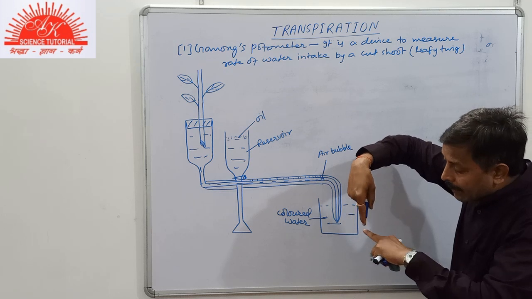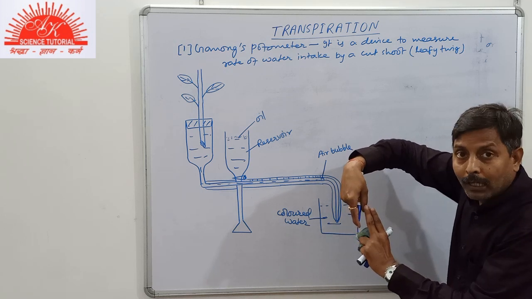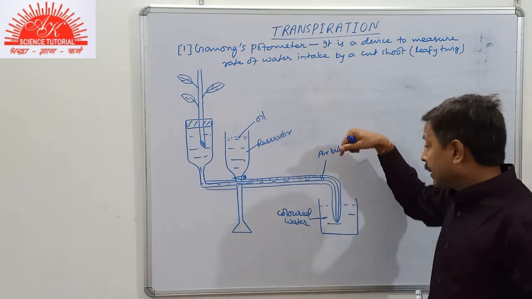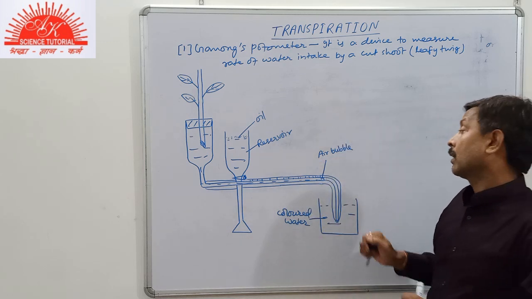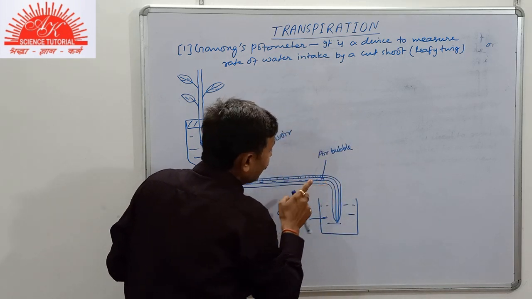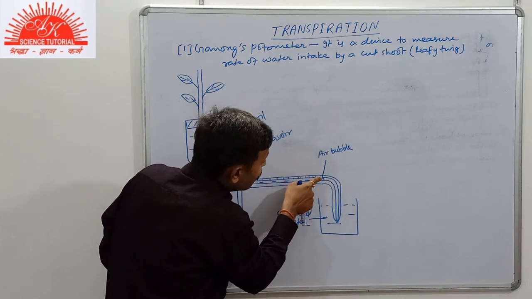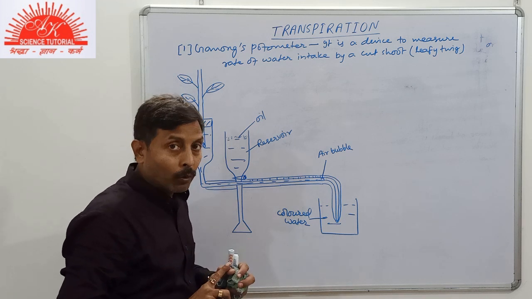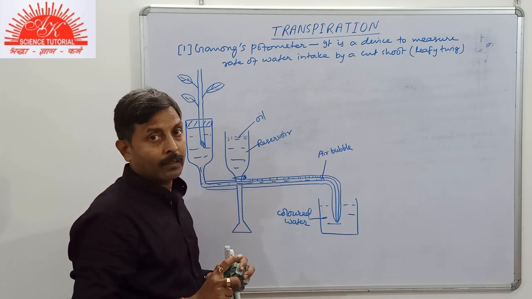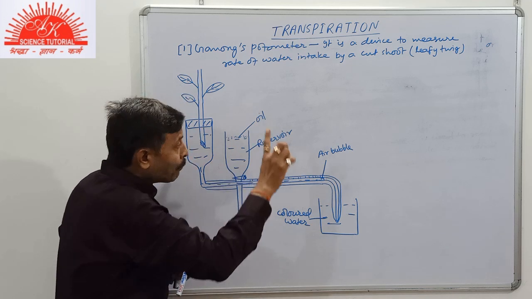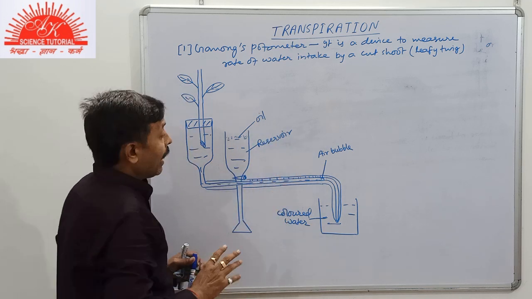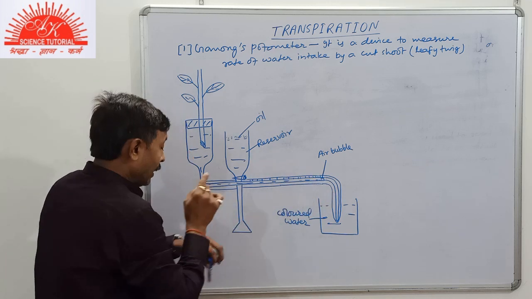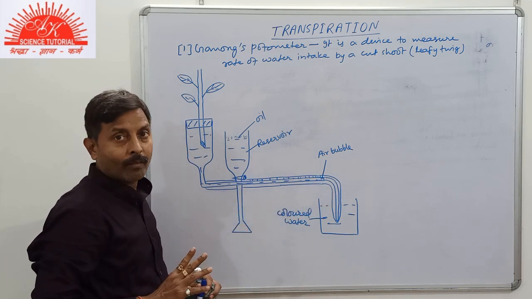Then release gently and allow an air bubble to enter inside the tube. Then it is again dipped. When the air bubble reaches the 0 mark of this scale, we start a stopwatch and start the observation. We make a table on paper and record the distance moved by the air bubble in 10 minutes.